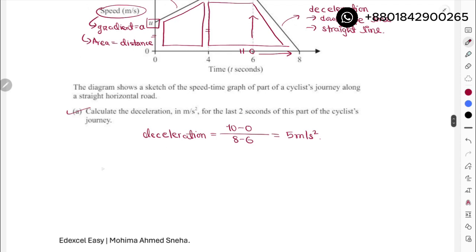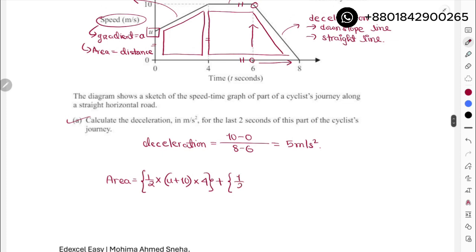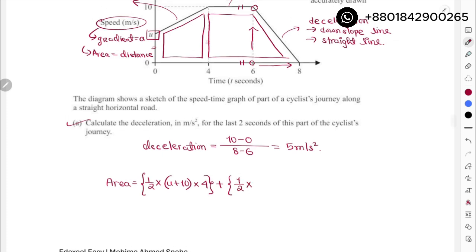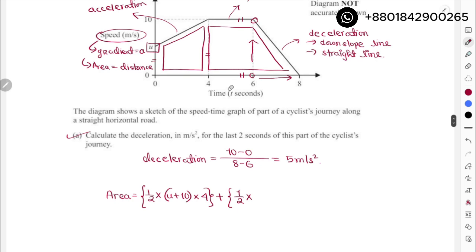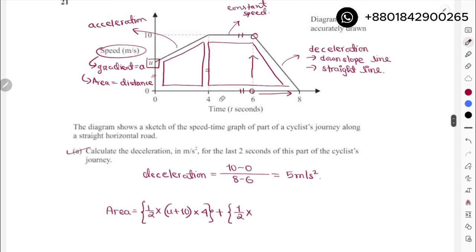So in that reference, we can find the area as half times u plus 10 multiplied with 4, plus half, and how much is this? 6 minus 4 is 2, and then 8 minus 4 is also 4, right?